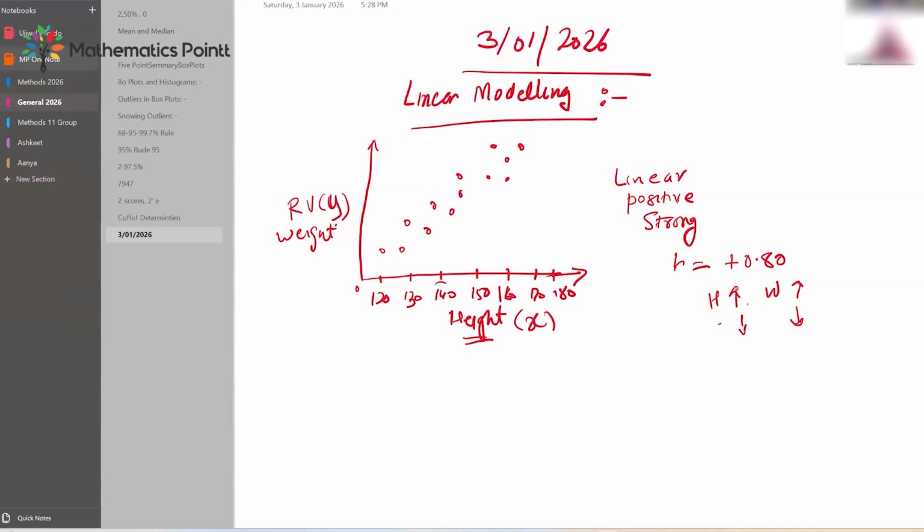And let's say my weight is 50 kilos, 60, 70, 80, 90, and maybe 100 kilos. This is in kilograms, and this is in centimeters. Okay, I got this scatter plot, and I have randomly experimented on a few adults.